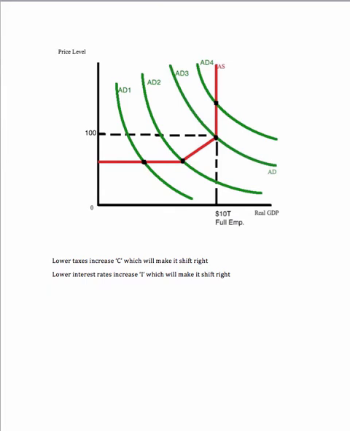And also, if there's an increase in government spending, such as a new spending bill, new roads and bridges being built, things like that, will also make it shift right. And again, we're talking about the aggregate demand shifting right.